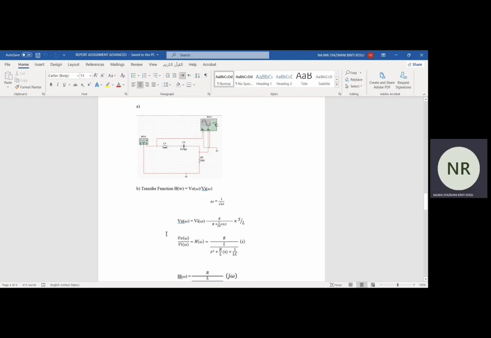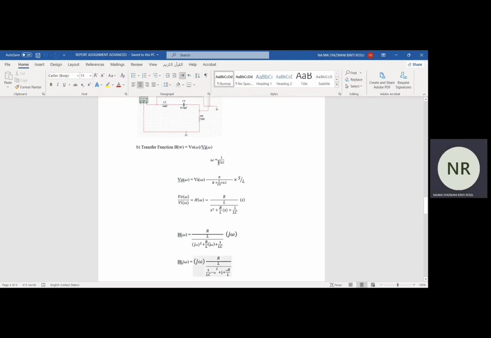The transfer function H omega equal to V output omega divided by V input omega. Omega equal to 1 over square root LC. The transfer function for bandpass filter is derived by applying voltage divider method to obtain a standard form in terms of V output omega.